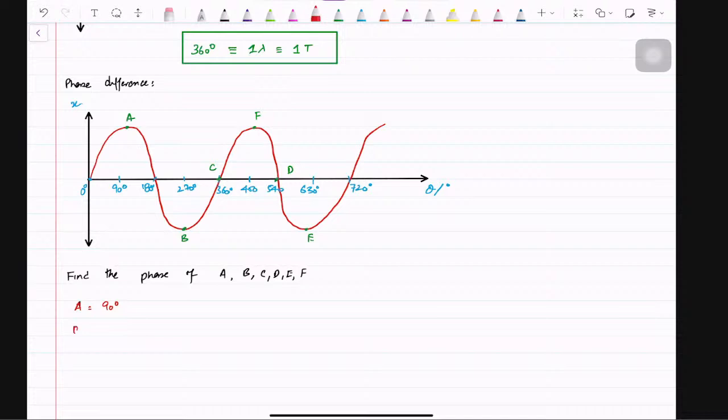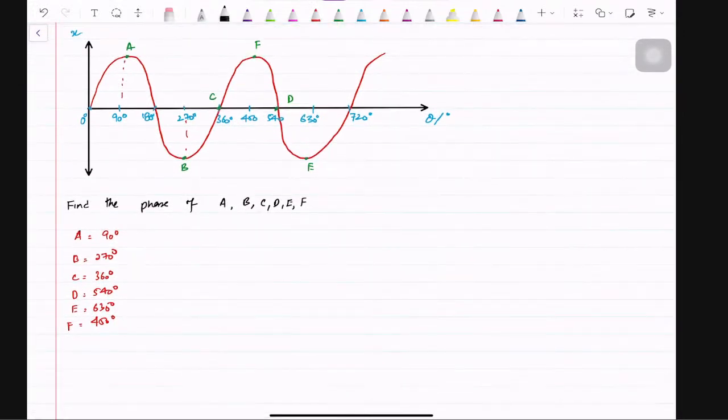B is at 270 degrees, as you can see. So it's just the position of that point right now. C is 360. D is 540. E is 630. And F is 450. Do you guys understand how I got this? Yeah. Right? So you just need to look at the position.